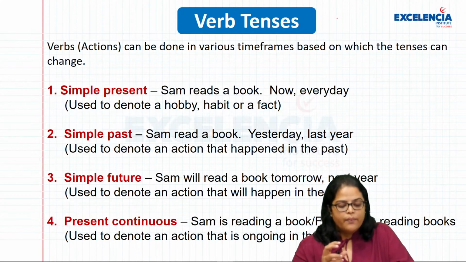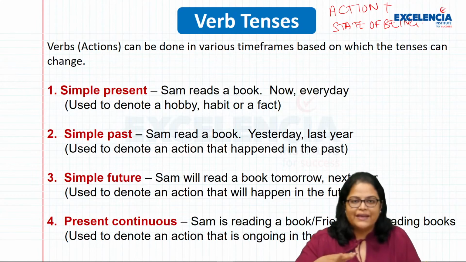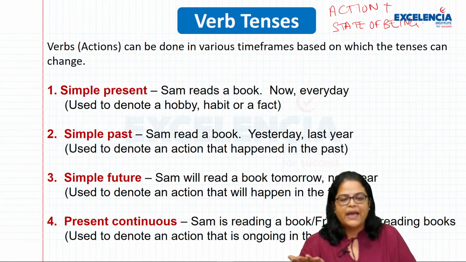So, Jeel, verbs are not only action words, they're of course action words, but they also denote the state of being of something or somebody. Like that example which I just gave you, Aditi is a teacher, that is just a state of being, no? She's not doing any action there.